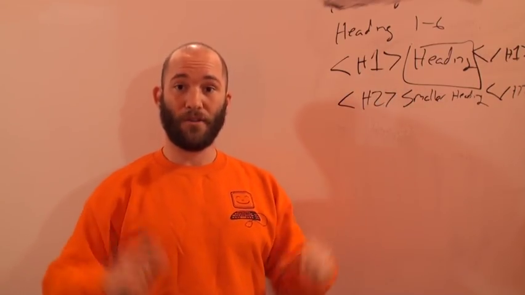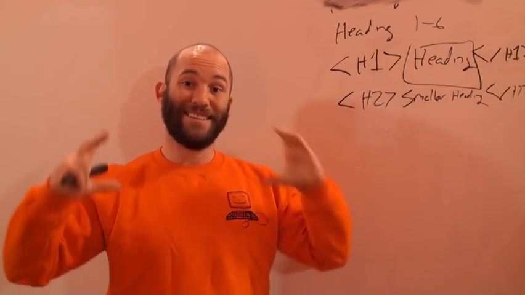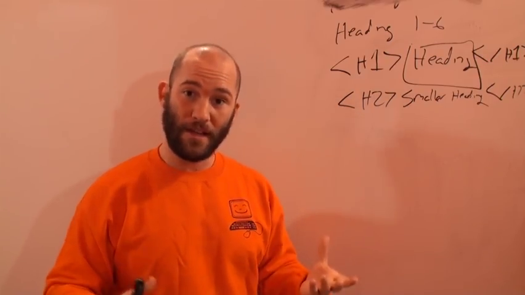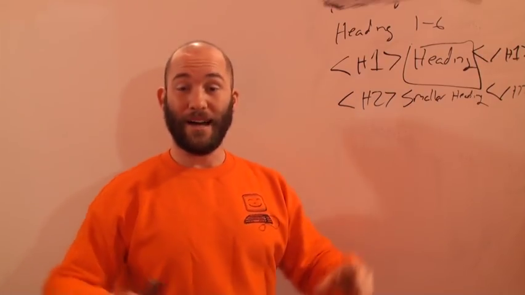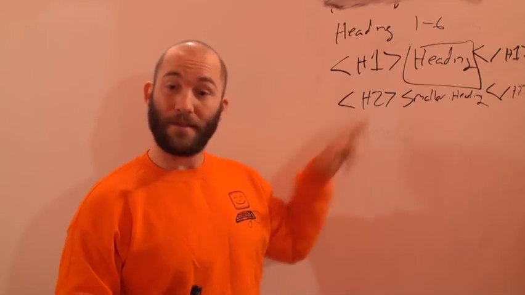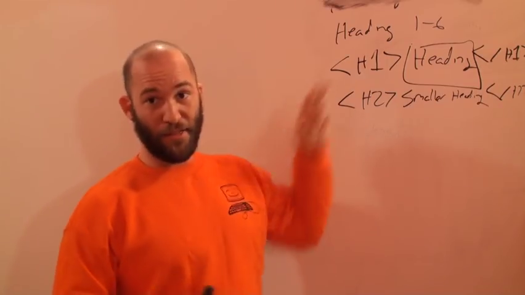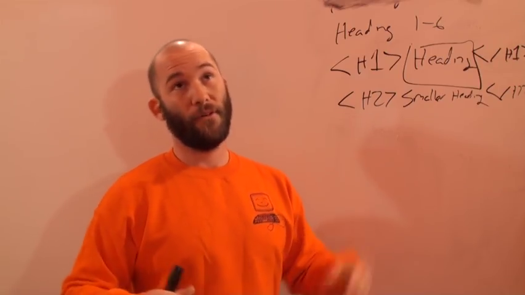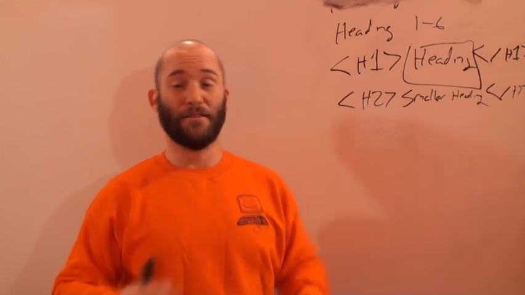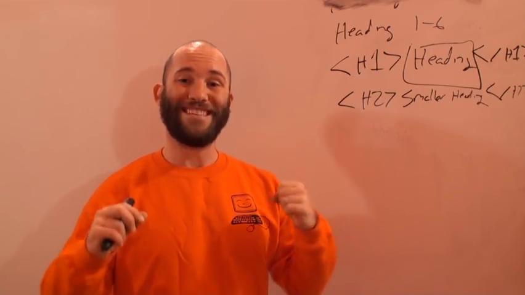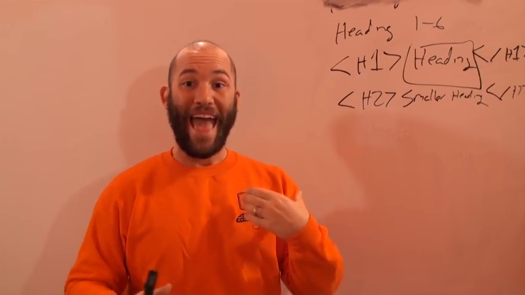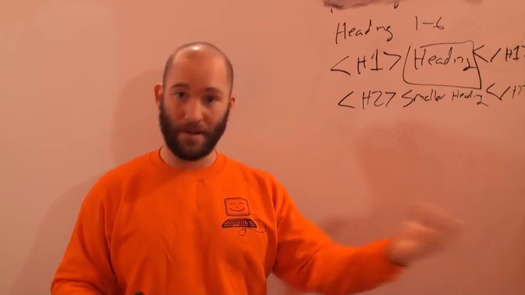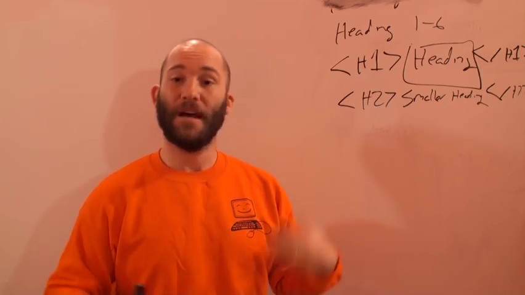H1 or heading 1 text is the biggest and boldest text that you will see on a page. H2 will be big and bold, but smaller than H1. H3 will be smaller than H2, H4 smaller than H3, and then it goes all the way down to H6. So you have 6 types of headings that you can put up there. H1 is the highest, H6 is the lowest.